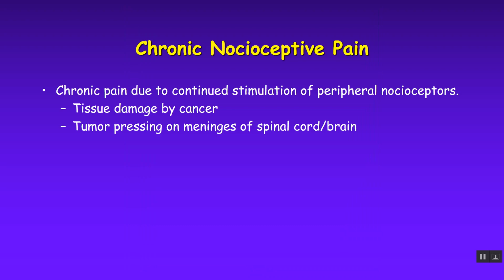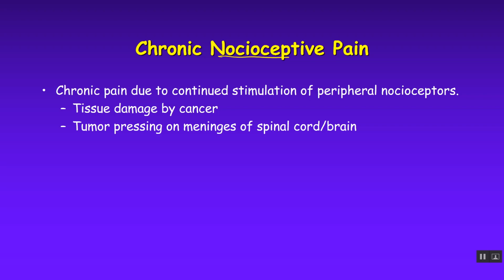Another type of pain, not different from referred pain, is what we call chronic nociceptive pain. This is chronic pain due to continual irritation, damage to peripheral nociceptors. So this is like you're having ongoing injury, irritation, damage to peripheral nociceptors.